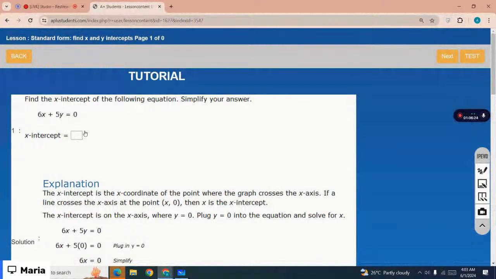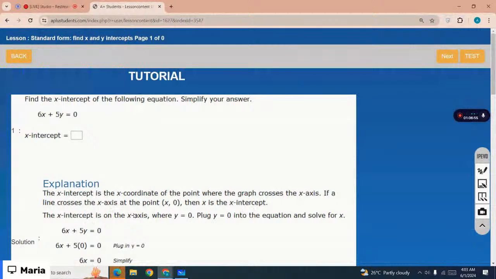The equation you are given is 6x plus 5y equals 0. When we have to find the x-intercept, we need to find the point where the graph touches the x-axis. The x-intercept is the x-coordinate of the point where the graph crosses the x-axis. If a line crosses the x-axis at the point (x, 0), then x is the x-intercept.